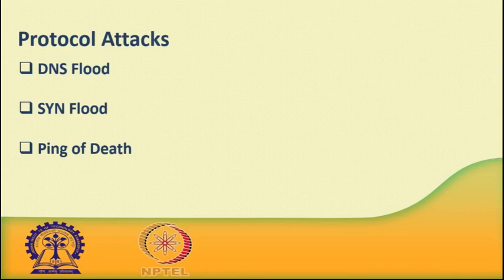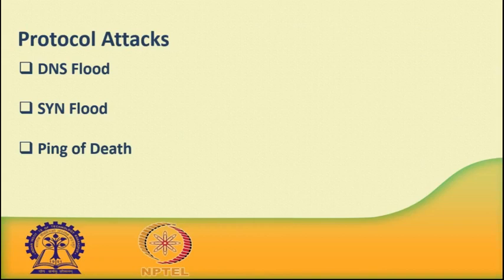Next is protocol attacks. Protocol attacks include SYN flood, ping of death, fragmented packet attacks, smurf DDoS, etc. This type of attack consumes actual server resources and other resources like firewalls and load balancers.